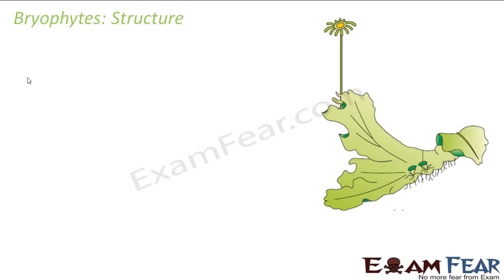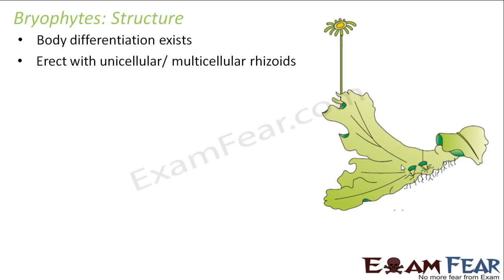Now let us talk about the structure of bryophytes. Here I have shown a bryophyte, so we will study its structure. This picture is of a liverwort. Here body differentiation exists. As I said, they have a roughly root-like structure, a stem-like structure, erect, with unicellular or multicellular rhizoids.